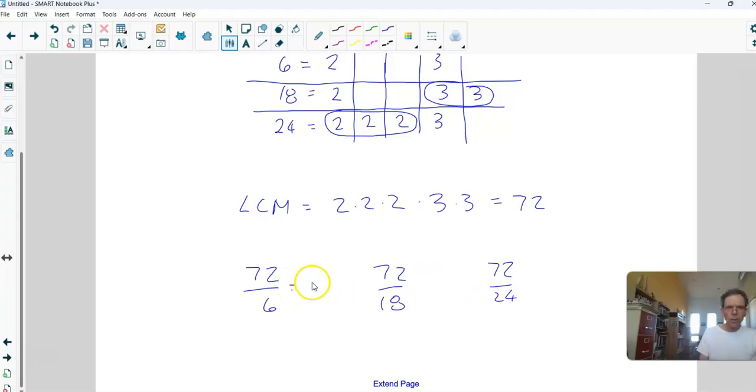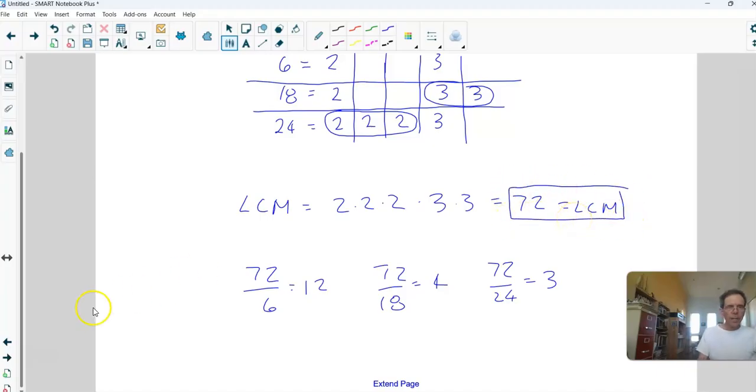How many times does it go into? 6 goes into 72 12 times. 18 goes in 4. 24 goes in 3. And 72 is the smallest number that all 3 of those numbers divide into. It's the LCM for those.